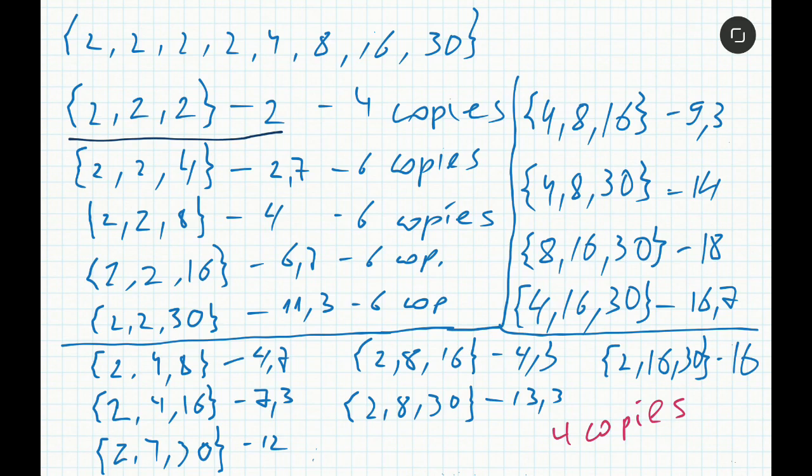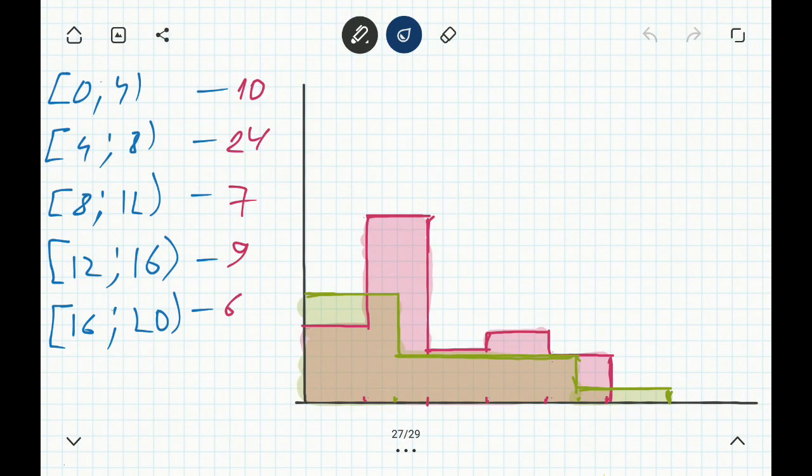Okay, so in total there is 56 samples, as I already said, and I calculated the mean values, sample means, and then I went ahead and made a histogram, so distribution and the histogram.